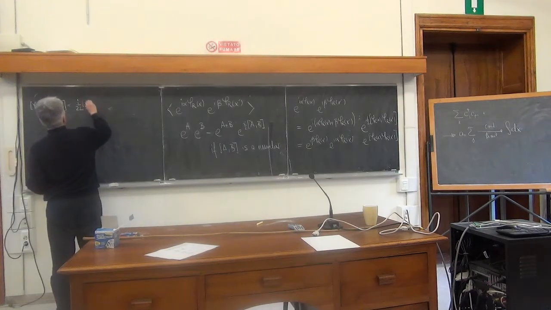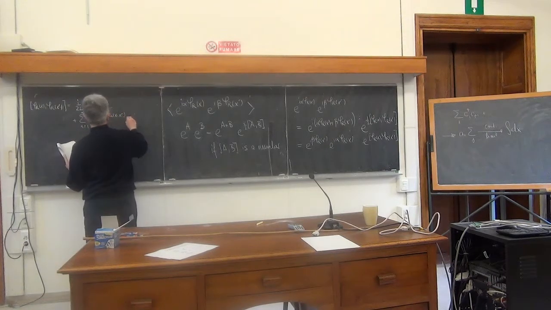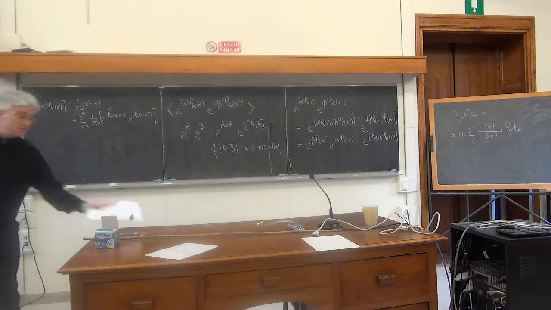So here you get x' minus x, plus the sum from n equals 1 to infinity of 1 over 4 pi n, times e to the i k_n (x minus x') minus e to the minus i k_n (x minus x'). So this is what comes out using the mode expansion.